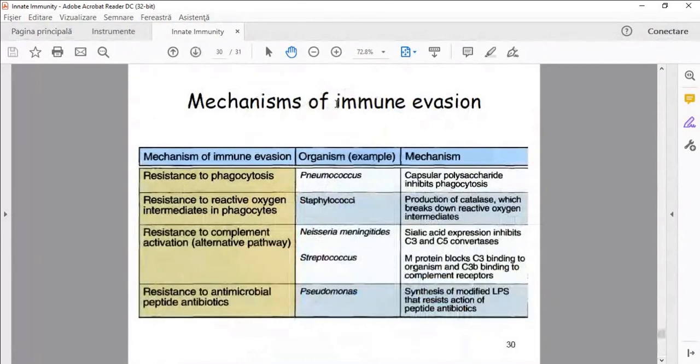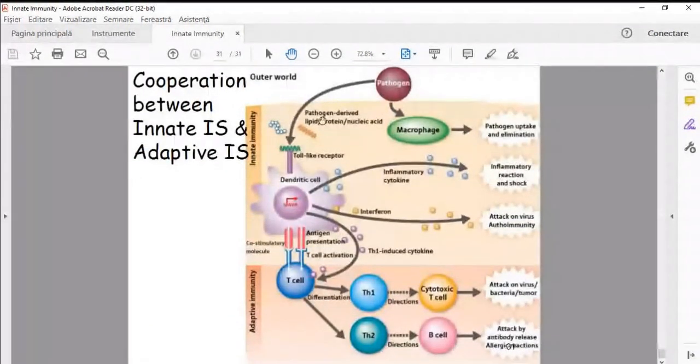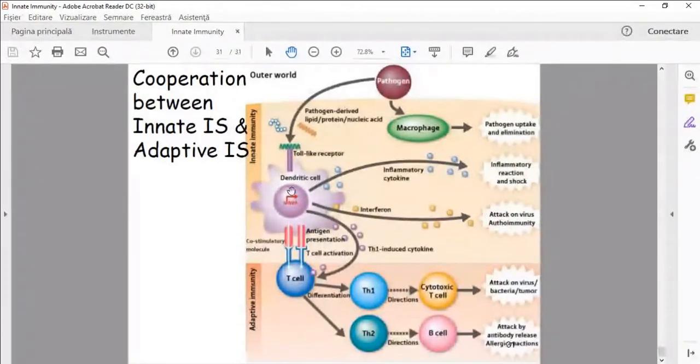We can discuss later the details of the mechanism of immune evasion. And now I want to present shortly the cooperation between innate immunity and adaptive immunity, because starting from next week, we will discuss all the details of an adaptive immune response.